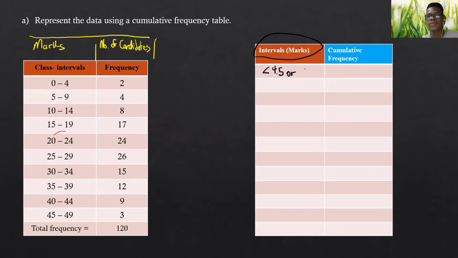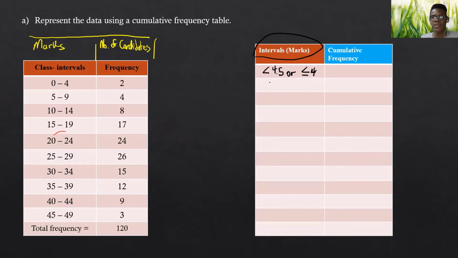Less than or equal to 4. Right? Don't put the numbers back, that is what I meant. You typed 4, I'm just saying 4.